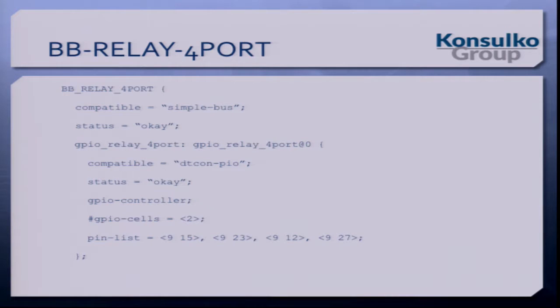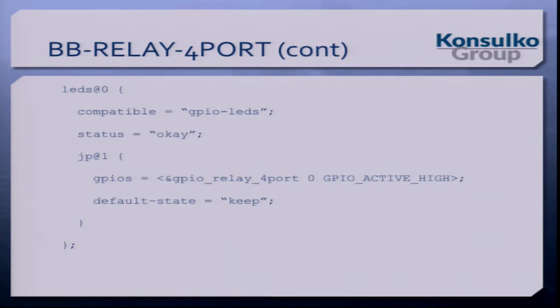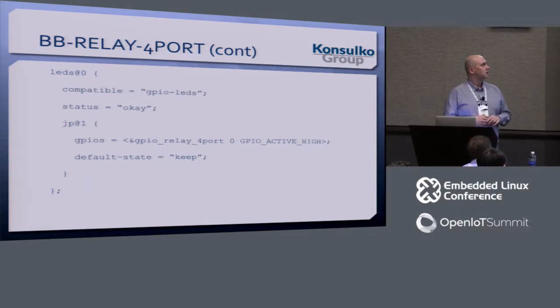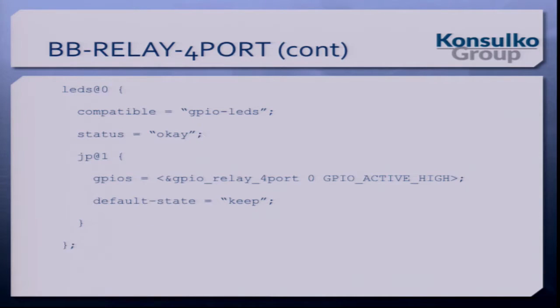That DT-con GPIO will work as a GPIO controller. And the other device is a GPIO LED device. That's a standard Linux device, not a connector device. You just point to that GPIO chip driver, and that's it. You'll get it to work.